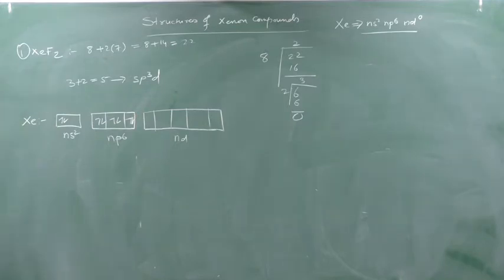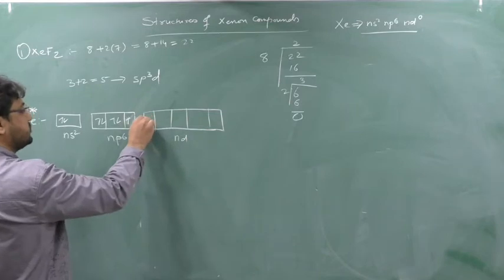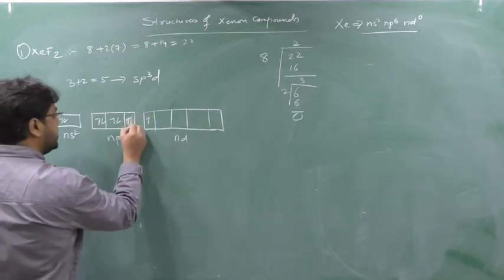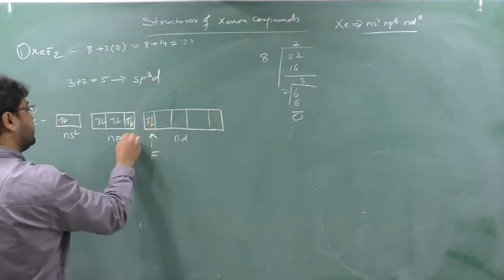Now I have to adjust 2 fluorine. So what I will do? I will supply the energy and go to the excitation state of xenon. The electron from the last np will jump to the nd. When it goes to the nd, one fluorine will come here and one fluorine will come here.